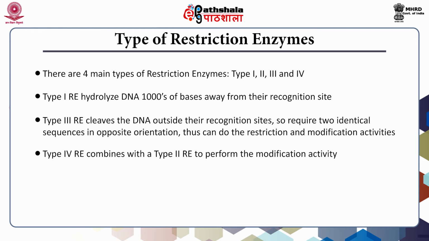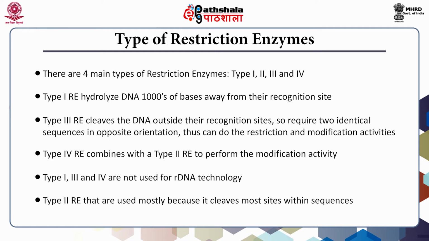Type 4 restriction enzymes combine with a type 2 restriction enzyme to form the modification activity. Types 1, 3 and 4 are not used for recombinant DNA technology. Type 2 restriction enzymes are used mostly because they cleave most sites within sequences.